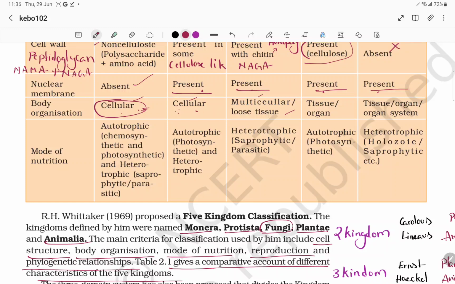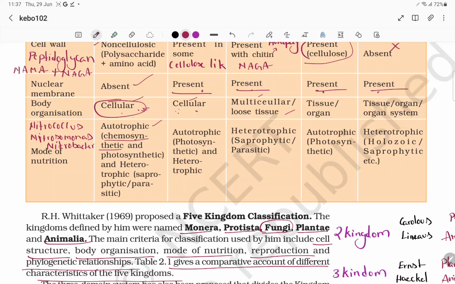Coming to the mode of nutrition. You have more diversity in the mode of nutrition here. We have the autotrophic. In the autotrophic also, we have the chemosynthetic. Let me tell you, coming to the chemosynthetic, nitrogen fixing bacteria like Nitrococcus, Nitrosomonas, Nitrobacter.